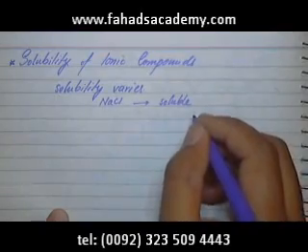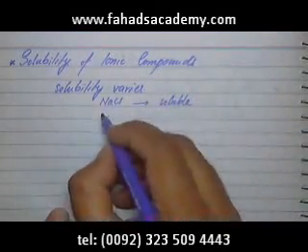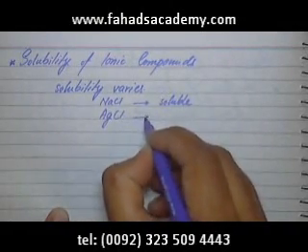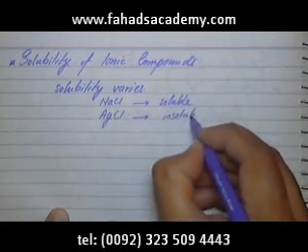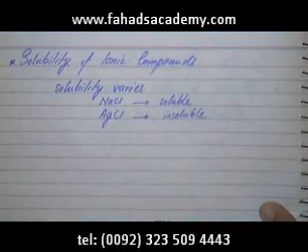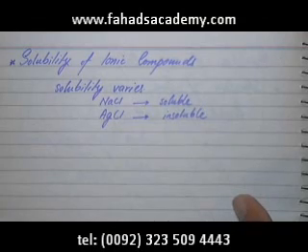But there are certain other compounds that may not be that soluble. For example, AgCl is not very soluble. It is insoluble. And the term insoluble does not mean that it does not dissolve at all. Only a very small portion would actually dissolve, the rest would remain undissolved.